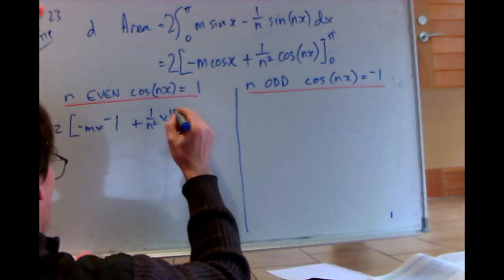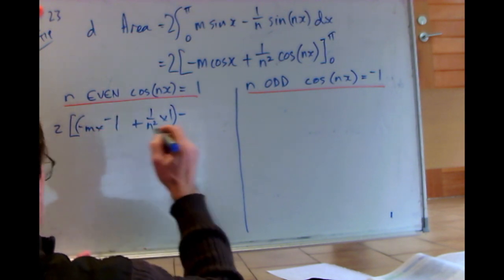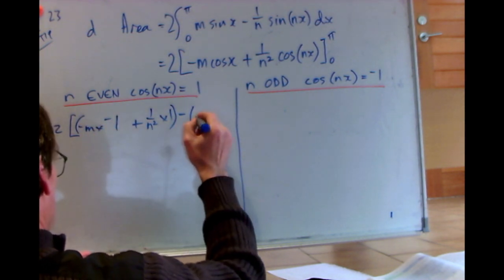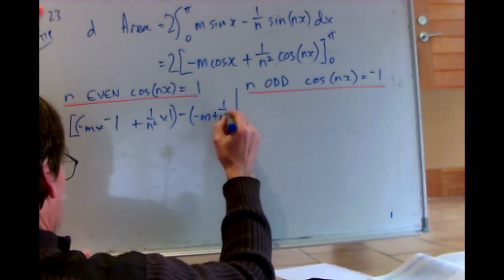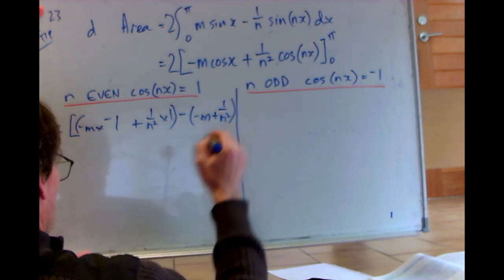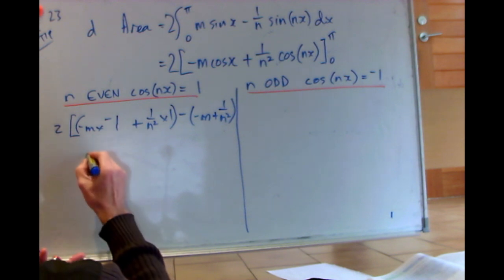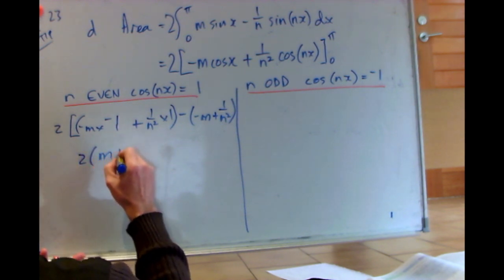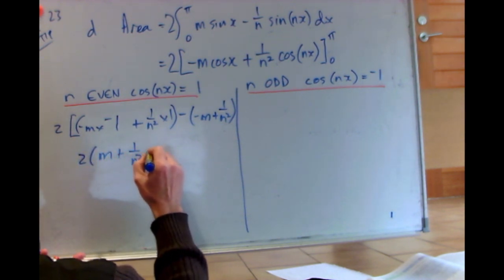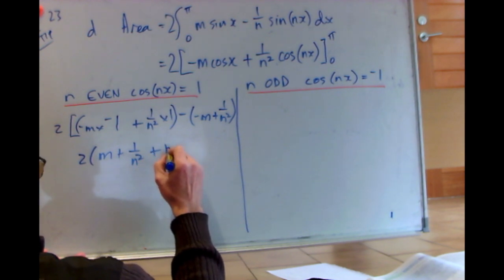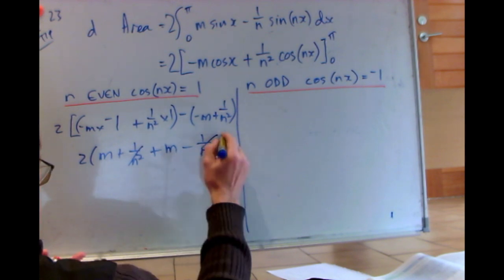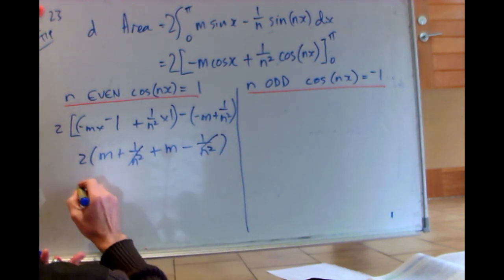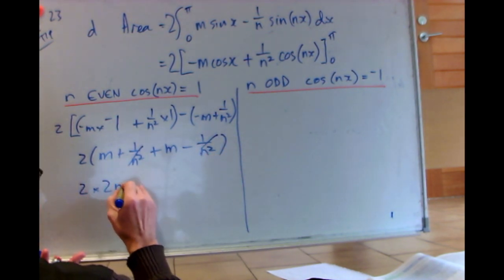And then I've got to take away my -m times cos of 0, which is just -m, and 1 on n squared times cos of 0. Figure that out. And you'll notice that this 1 on n squared cancels with the -1 on n squared, leaving me with 2 times 2m.